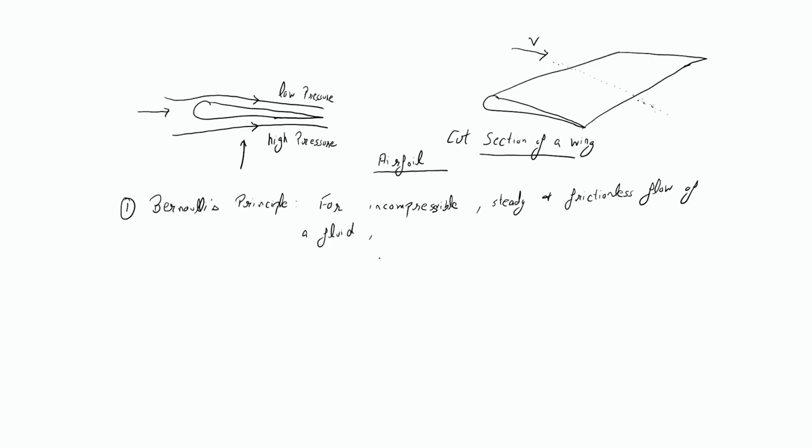we have this equation: P + 1/2 ρV² + ρgh = constant.